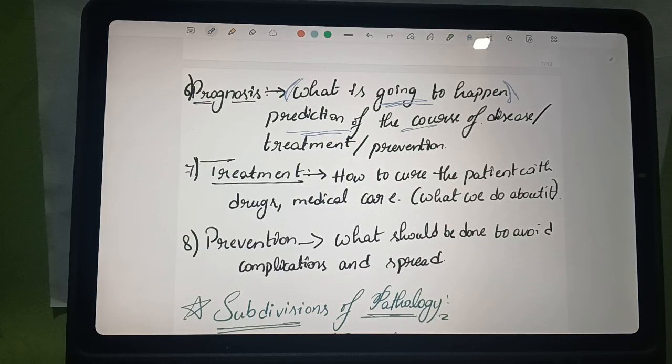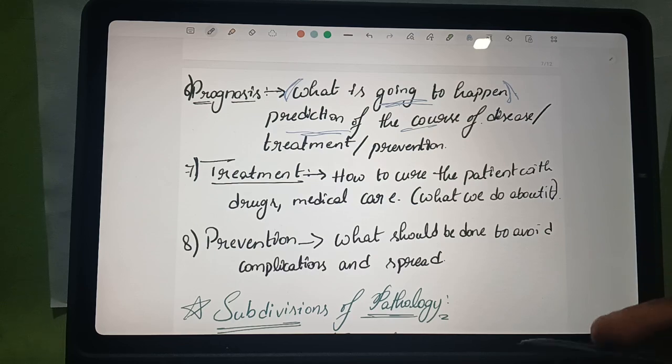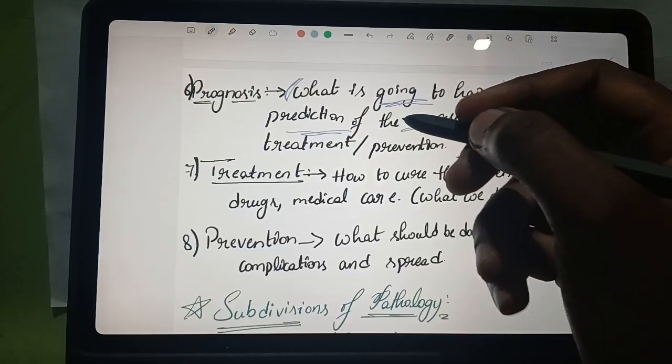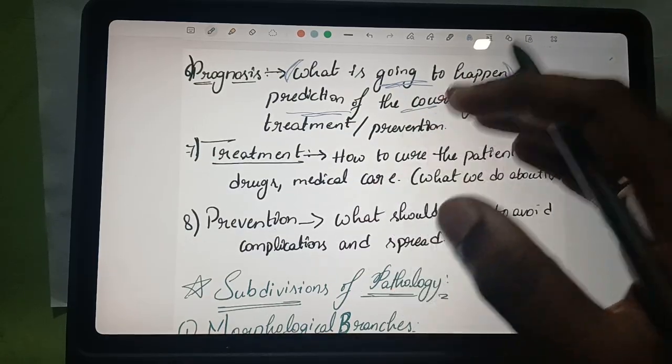For cancer, if we take cancer, stage 1, stage 2, stage 3. Now he is in stage 2. What will happen in stage 2? So it is a prediction.